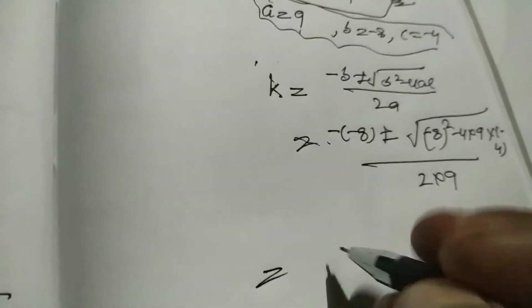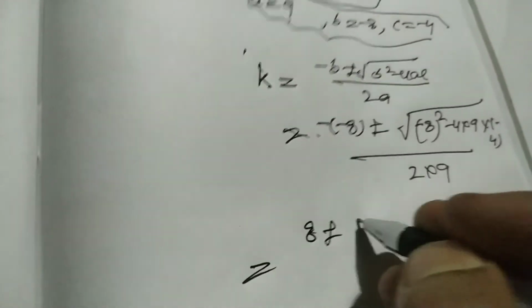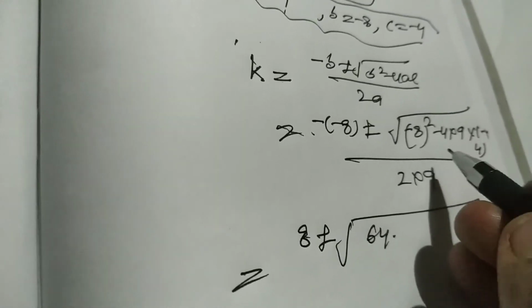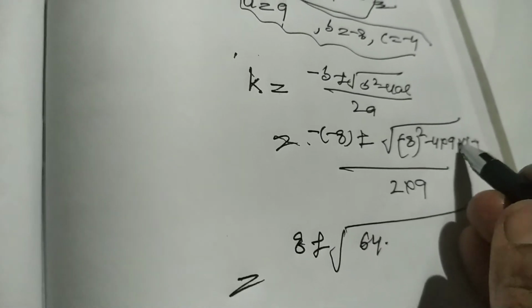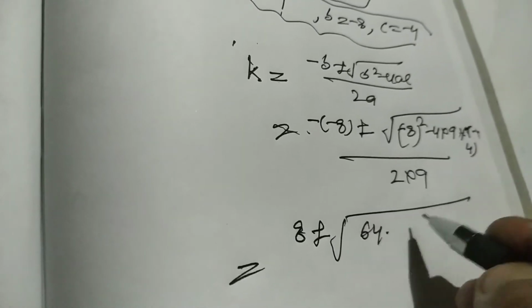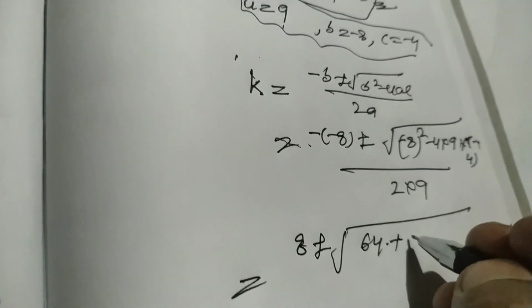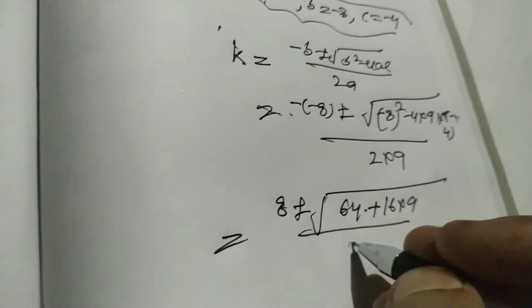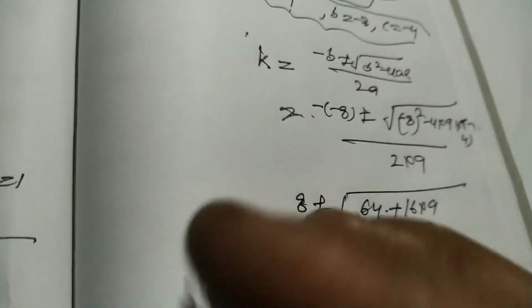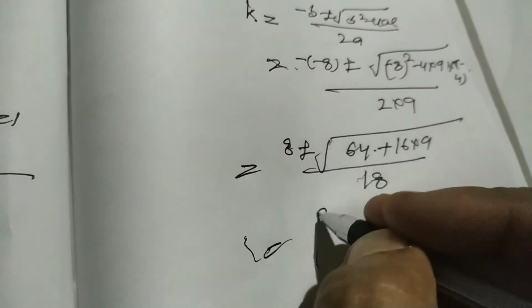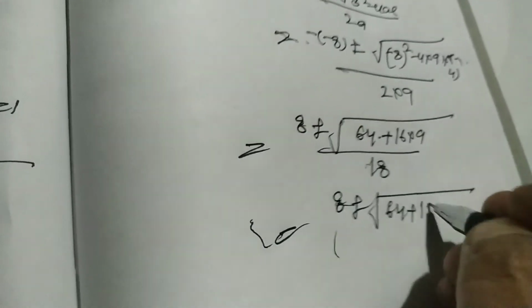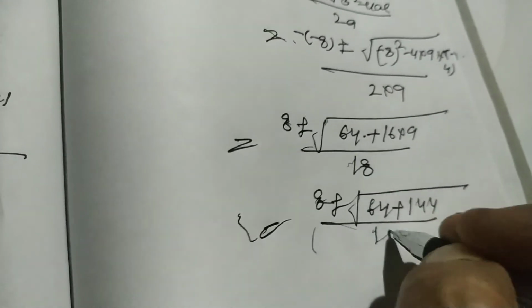Now this is equal to 8 ± √(64 − (16 × (−9))) upon 18. Let's check this: minus 4 into minus 4 is 16, 16 into 9 upon 2a. This is 18. Now this is equal to 8 ± √(64 + 144) upon 18.